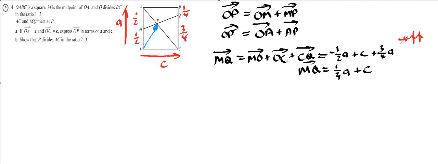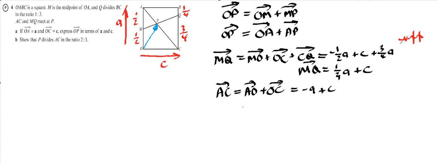How about A to C, the other diagonal? How do I get there? Well, I'm going to go A to O, and then O to C. A to O is easy, that's minus A. O to C, again, is just C.